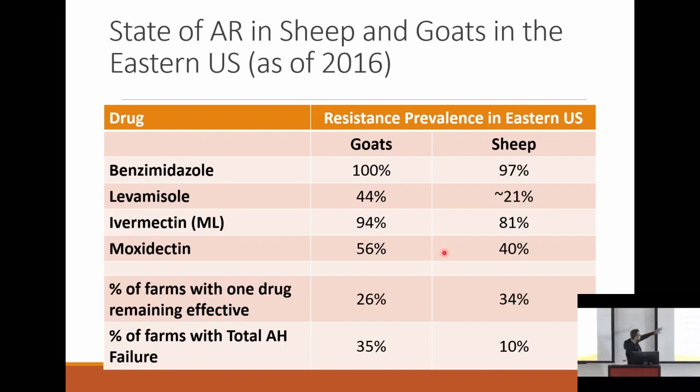In the case of ivermectin and moxidectin, ivermectin again is very high, and moxidectin is pretty much better, and levamisole is also in better shape. This is one of the old data sets, but now resistance has increased even in moxidectin, while levamisole is still working in most of the worm populations.